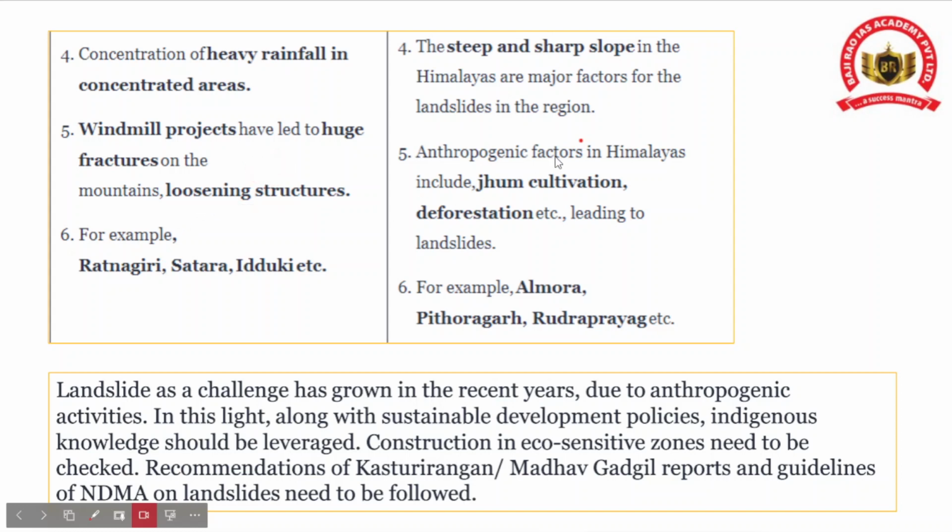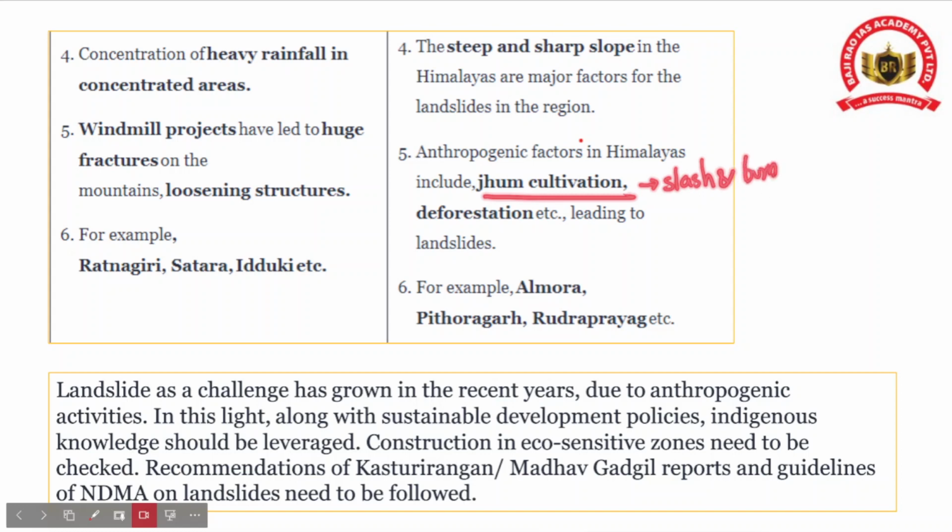On the other hand, there are several anthropogenic activities within the Himalayas such as jhum cultivation and deforestation. So they also very often lead to landslides. Jhum cultivation is similar to slash and burn cultivation.